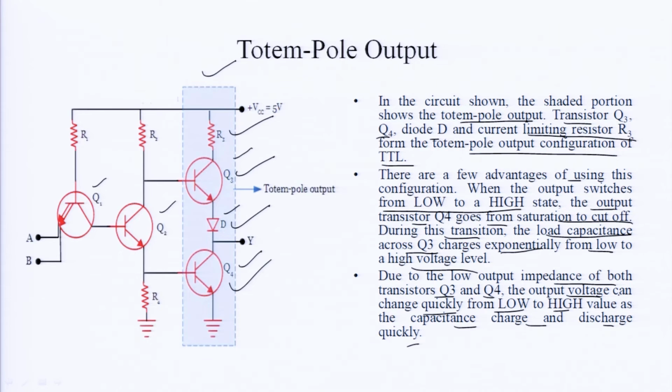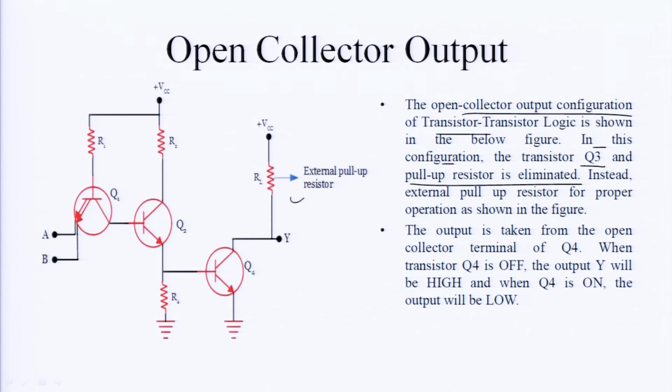So those two have been removed in this circuit, and instead of them, an external pull up resistor RL is used for proper operation, as shown in the figure. The output Y is taken from the open collector terminal of Q4.